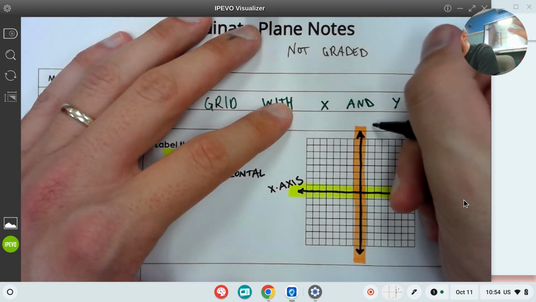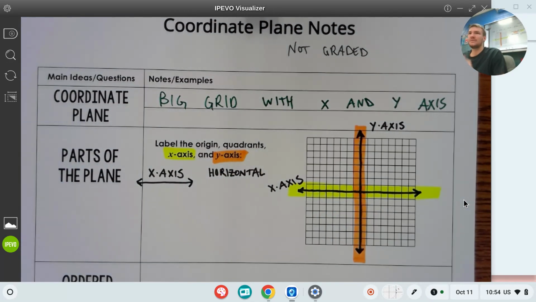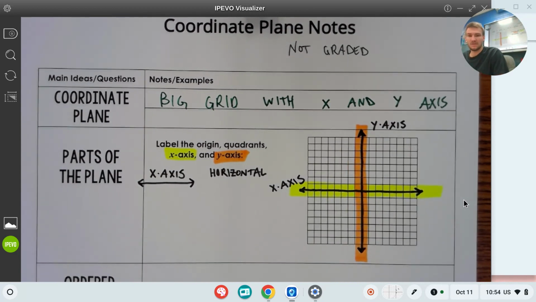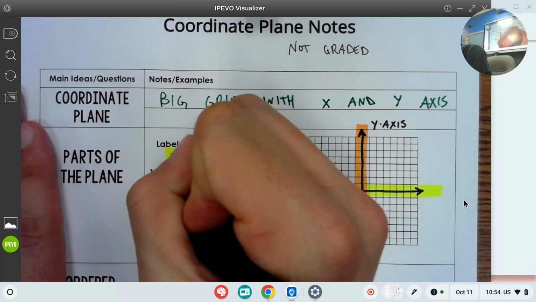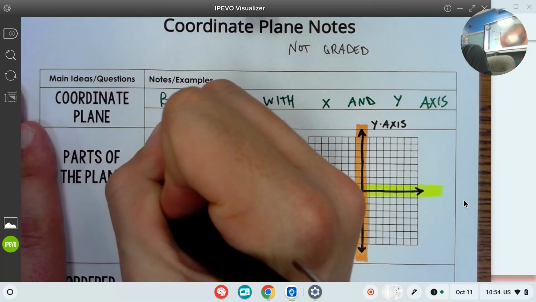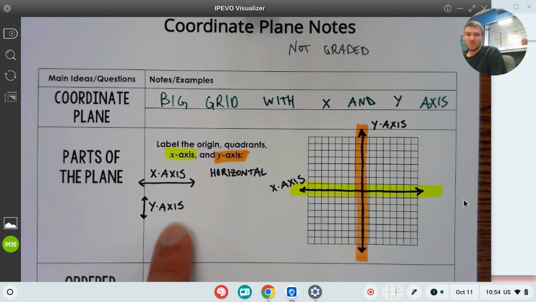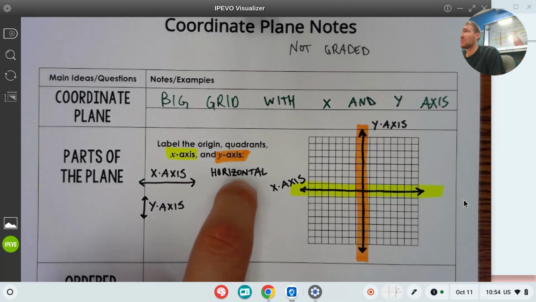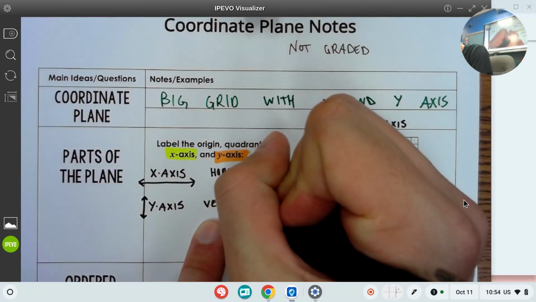This one that goes up and down is the y-axis. Write this down. And the y-axis, I'm going to put a line that goes up and down with some arrows on it. And would you say that the opposite of horizontal, anybody know that word? Vertical. Nice job. Vertical, right?